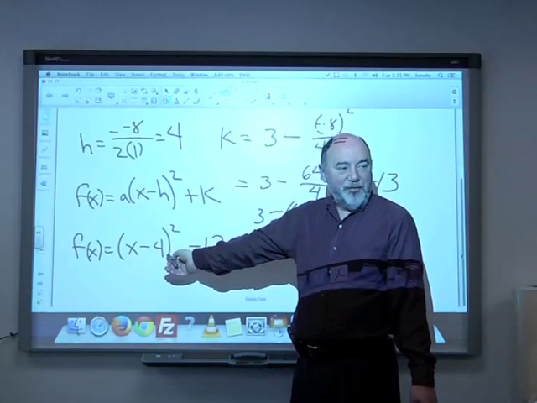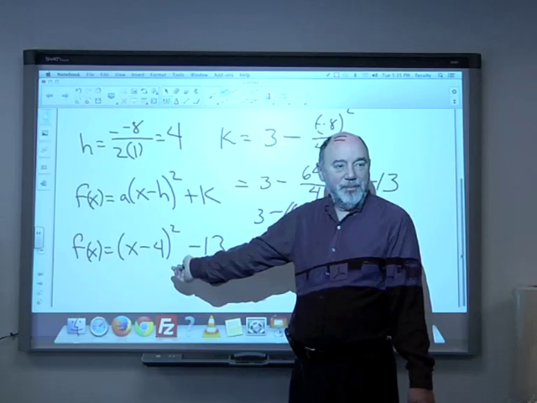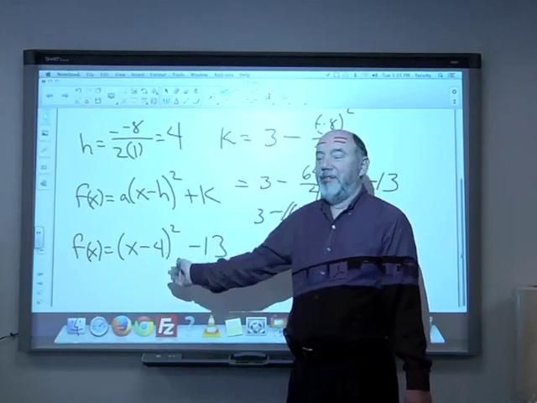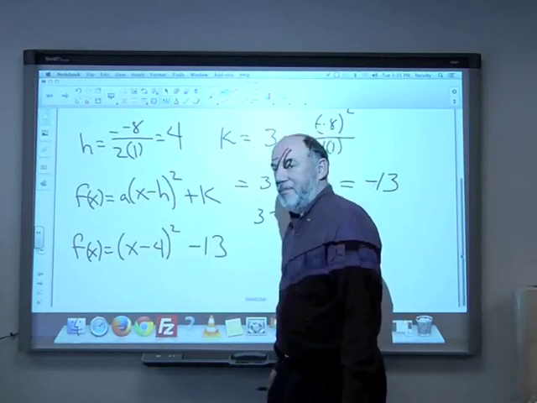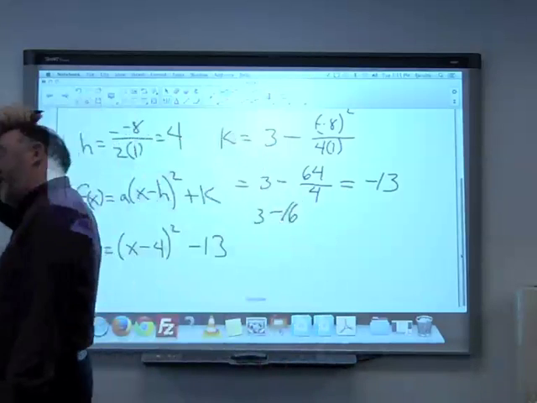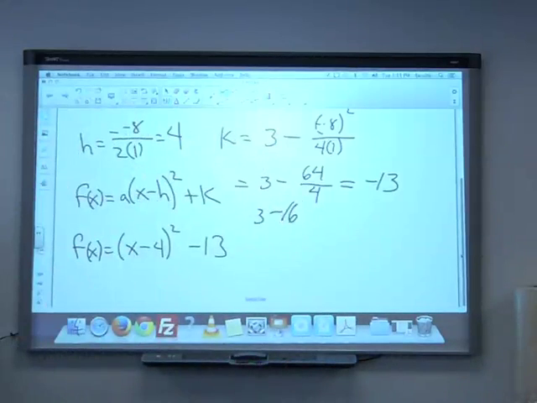The vertex is 4, negative 13. I get that directly from the equation. And in this case, does the parabola open up or down? Up. Because the number out front was a positive 1, it opens up.